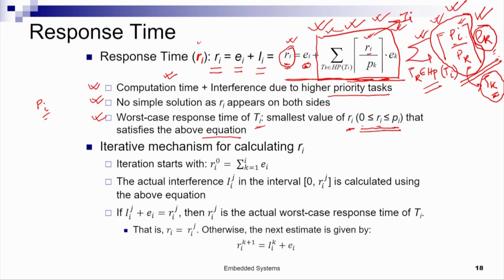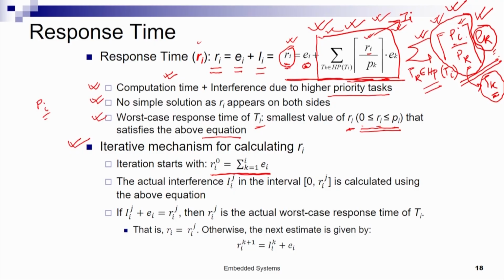How do we calculate the value of R_i? Through an iterative mechanism. Let us understand this iterative mechanism now. The iteration starts with R_i^0 equals the summation for k equals 1 to i of E_k. Here R_i^0 is the estimate of the response time at the 0th iteration. So, R_i^1 will be the estimate of the response time at the first iteration, R_i^2 will be the estimate at the second iteration, and so on.